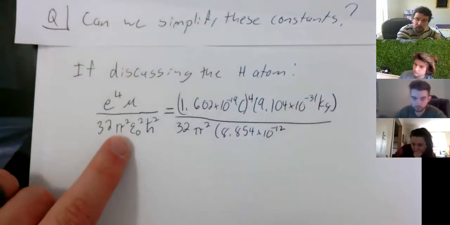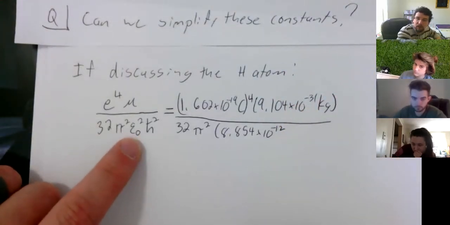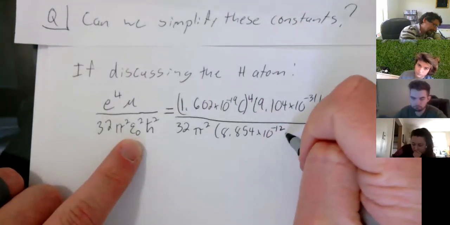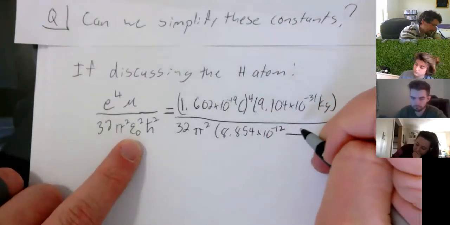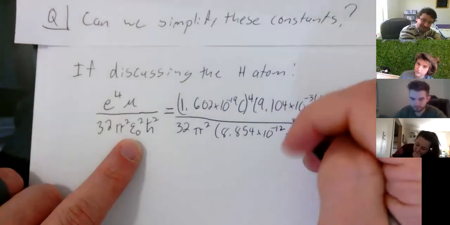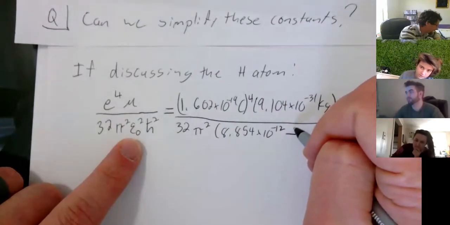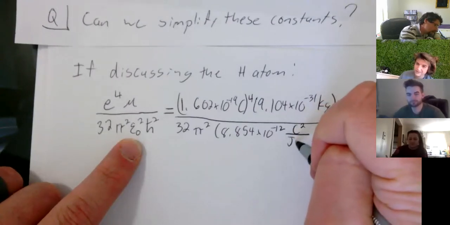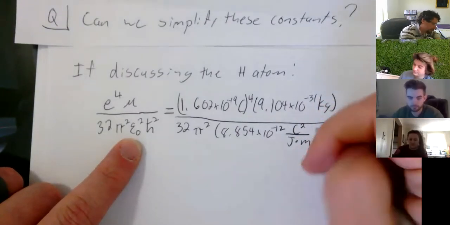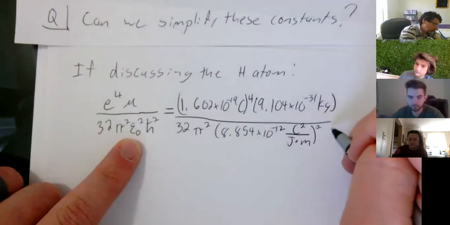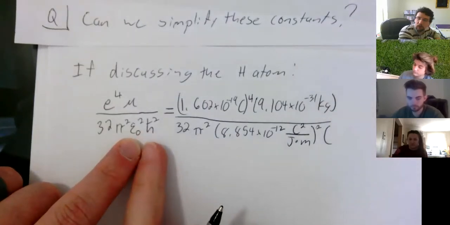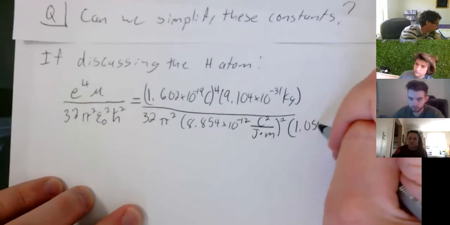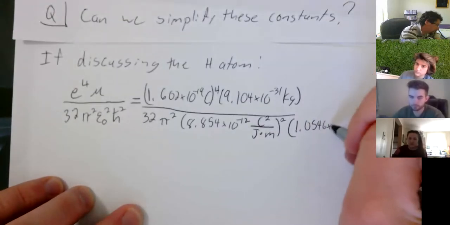Does anyone know the units of the permittivity of free space? Coulombs are actually up top, joules times meters on the bottom. And h bar is joules times seconds.